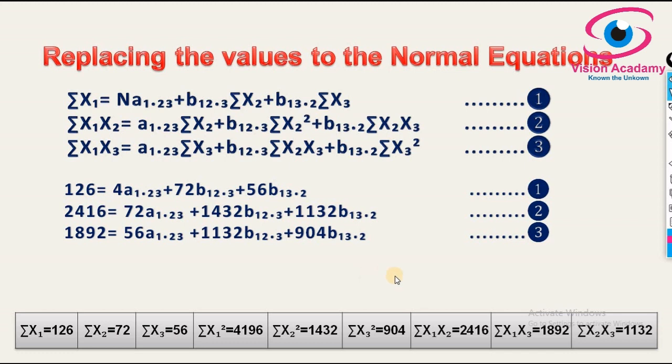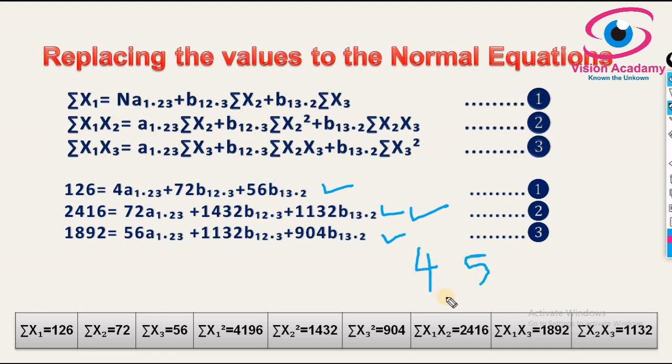Okay, let me show you. Firstly, let us consider the first and second equations, then derive equation 4. Thereafter I will consider the second and third equations and derive the 5th equation. Then I will consider the newly derived 4th and 5th equations.